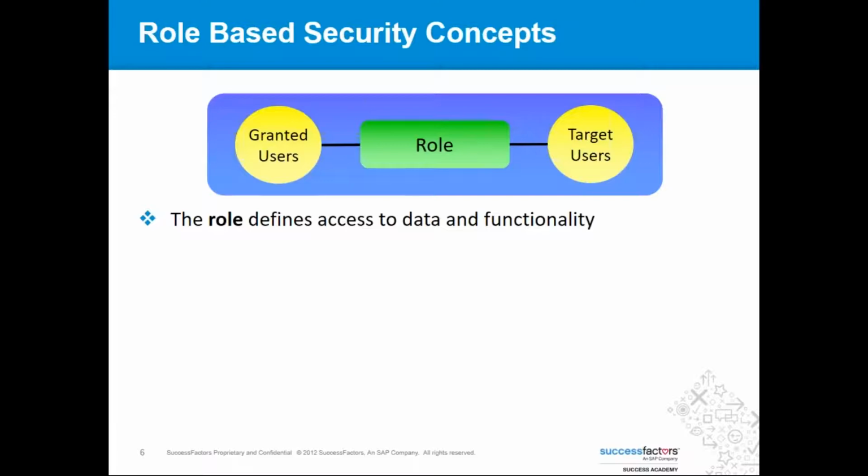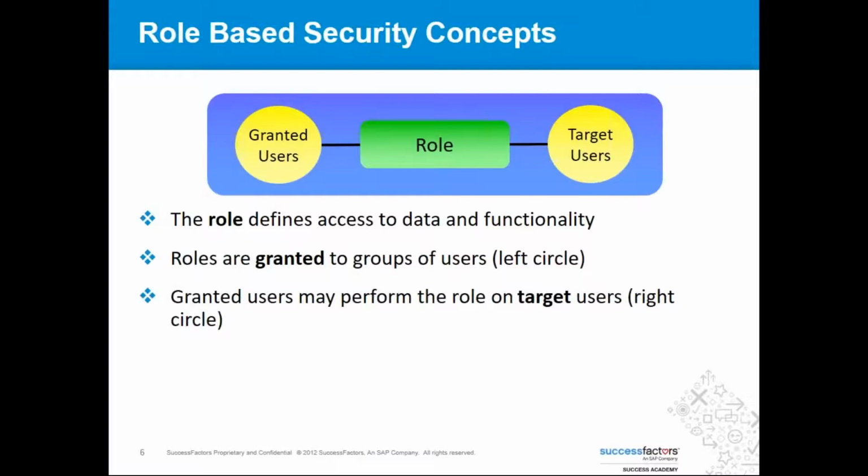All that is defined through the role. On the left hand side is the granted group, to whom you are going to assign this role. And on the right hand side are the target users, on whom these granted users can perform these roles. If a person has got this permission, the target group is the one on whom he can perform it.